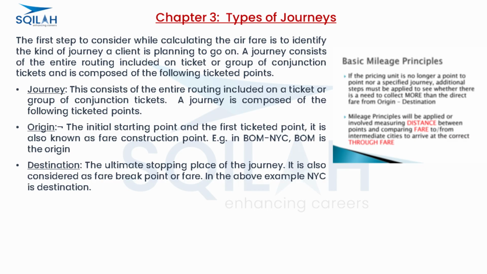A journey consists of the entire routing included on a ticket or group of conjunction tickets and is composed of the following ticketed points.